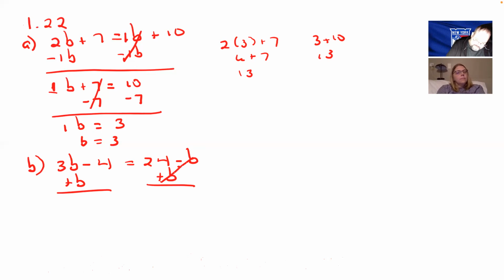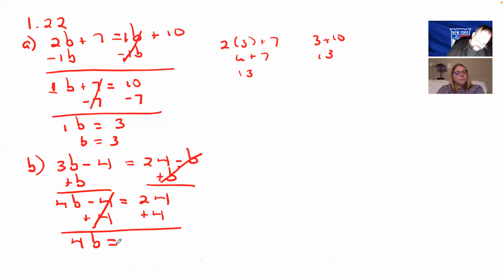So that adds up to 0. So for this side, we get 4b minus 4 is equal to 24. And then to get the 4 to the other side, the right side, I would add 4 to both sides. So minus 4 plus 4 adds up to 0. So I get 4b is equal to 28.